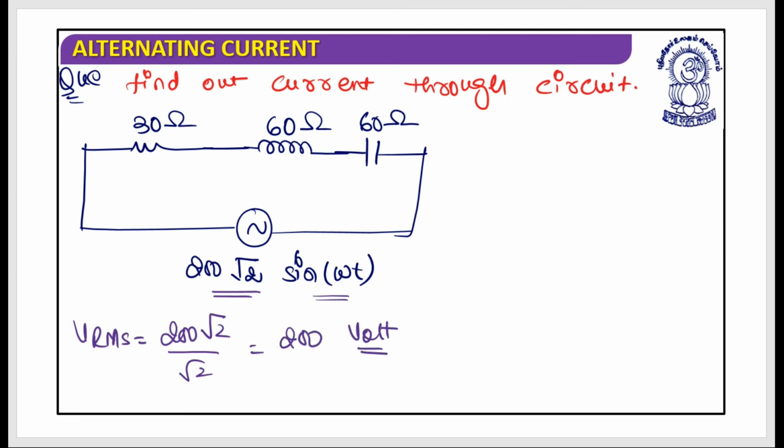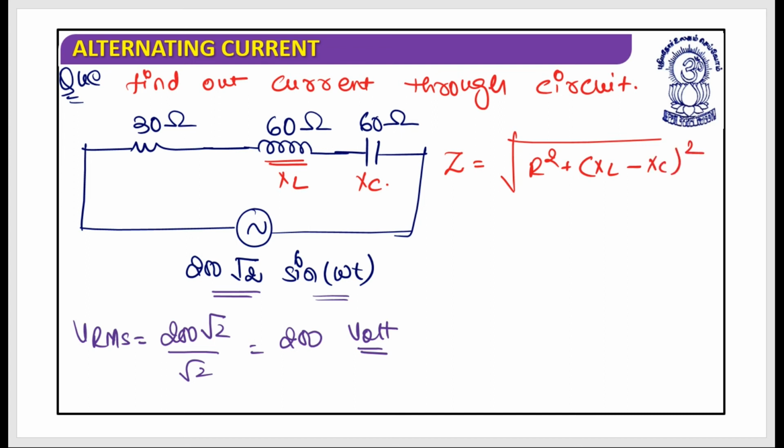First thing. Second thing, as you observe very carefully, this is XL and this is XC. So if I calculate the Z to find out the current, it's the square root of R square plus (XL minus XC) whole square. Since XL and XC are both equal, this Z is equal to R itself.